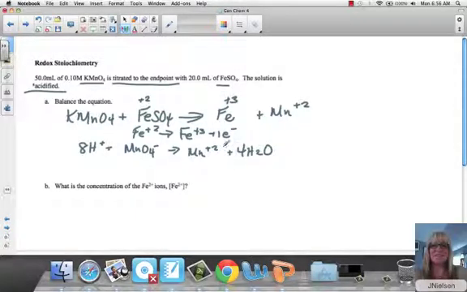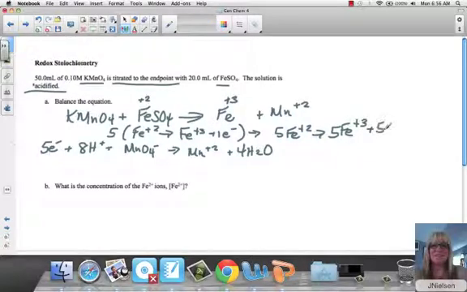So now I've got a plus 2 on the right. I have 8 times plus 1, and a negative 1 gives me a net plus 7. So that means I'm going to add 5 electrons to this side, because a net plus 7 and a negative 5 gives me a net plus 2, which means I'm going to multiply this equation by 5, which gives me 5 Fe plus 2 going to 5 Fe plus 3 plus 5 electrons.